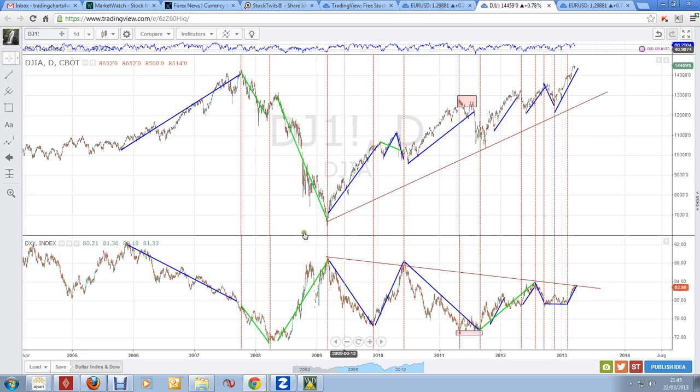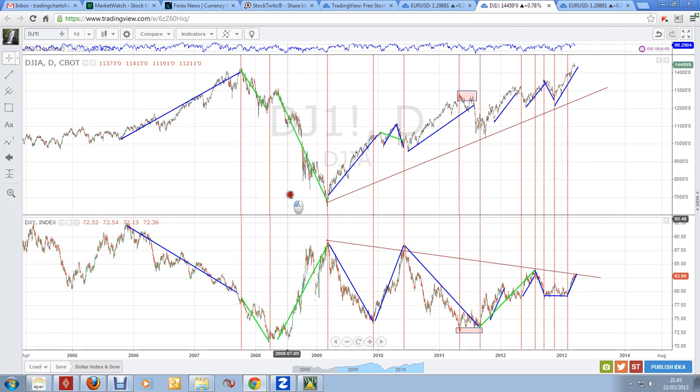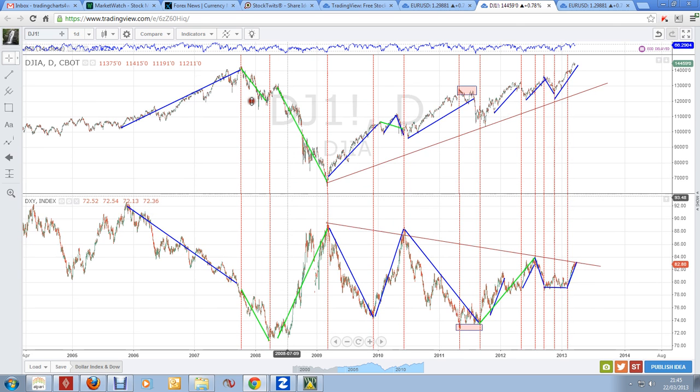You see there are various points, and some of them I have tried to highlight with these vertical dotted red lines. For example, from this period here, the Dow Jones Industrial went up and, broadly speaking, the dollar index went down, which is a normal relationship simply because things are measured in dollars.